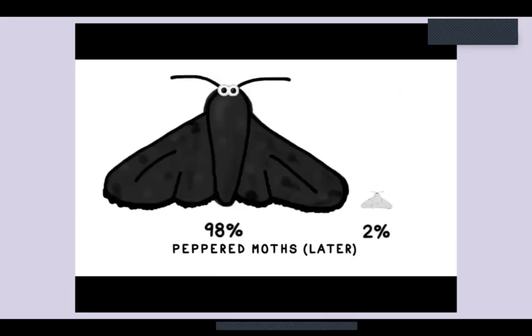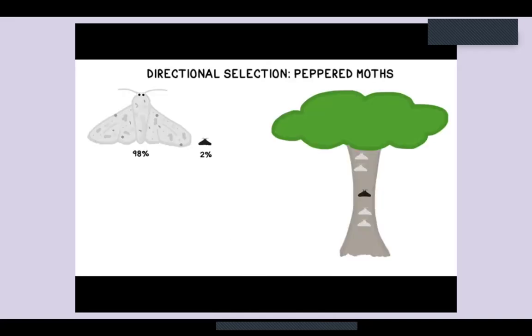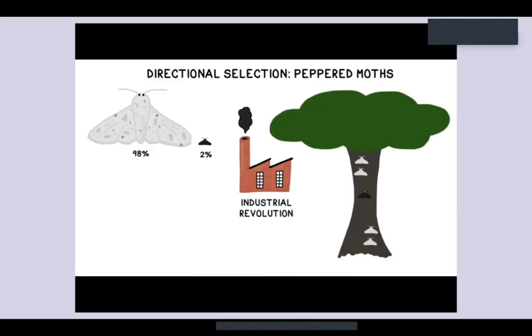However, by the year 1848, the moth population had almost entirely changed color. Dark-colored moths were now the norm, and light-colored moths were more rare. Why? The city of Manchester rapidly became industrialized right around that time. The new coal-burning factories covered the city with dark, greasy soot.